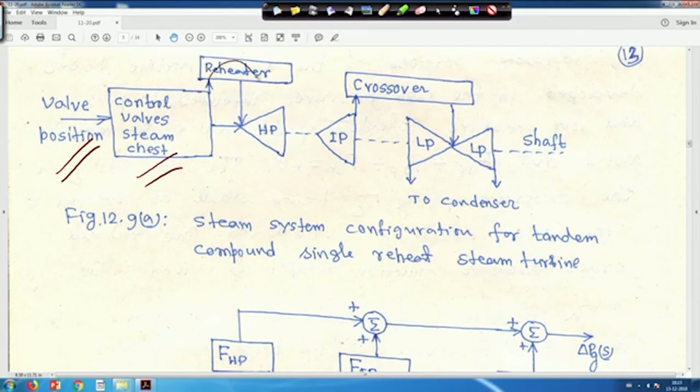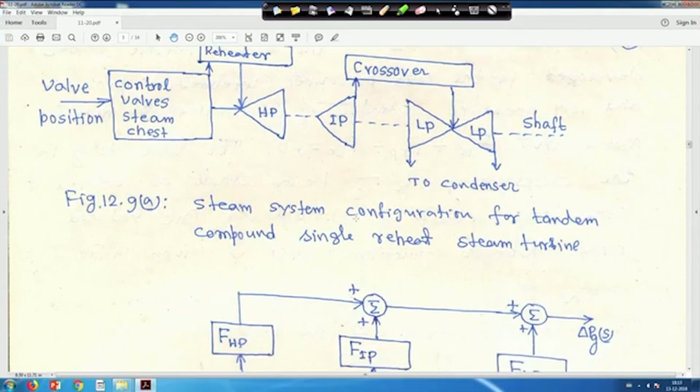So, the reheater is there, then it is the high pressure cylinder, then intermediate pressure cylinder IP and then low pressure LP, right, and this is the crossover and this is the shaft, and from here it is going to the condenser, right. So, everywhere when steam is flowing from this part to that part, some delay is associated with that, right. Now, before going to that, this is the steam system called tandem compound single reheat steam turbine, right.